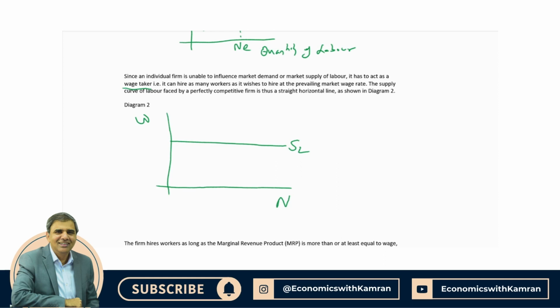So if there are 3 gates and 1 security guard each, and I say, okay, for better security I need to have 2 security guards per gate, and I raise the requirement of security guards from 3 to 6, it will not have any impact on the wage rate of security guards in the market of Lahore, because my demand is so small relative to the size of the entire market, that my decision to have more security guards in my school or fewer security guards in my school will not have any impact on the market wage.